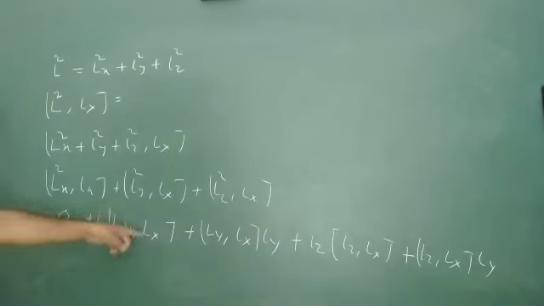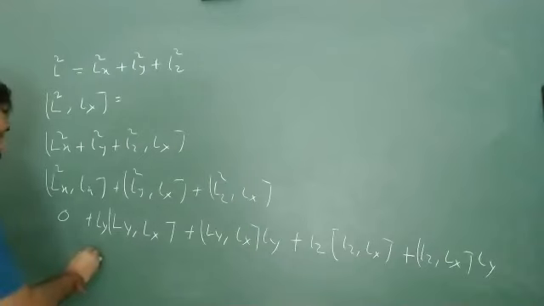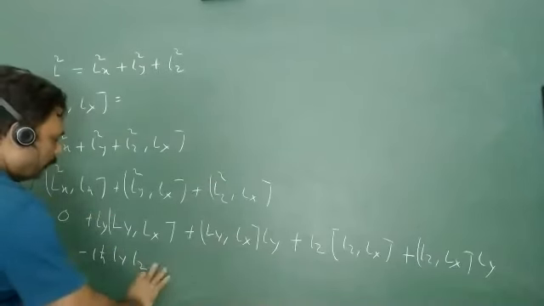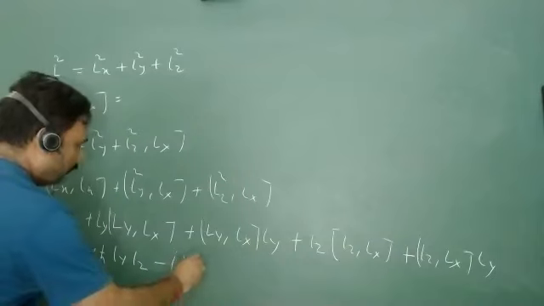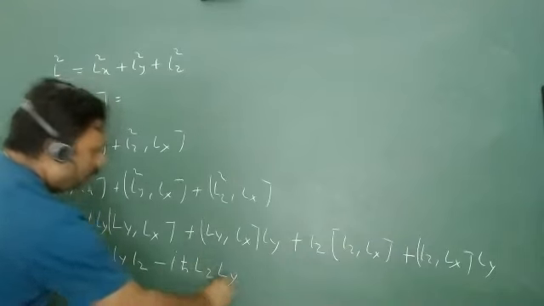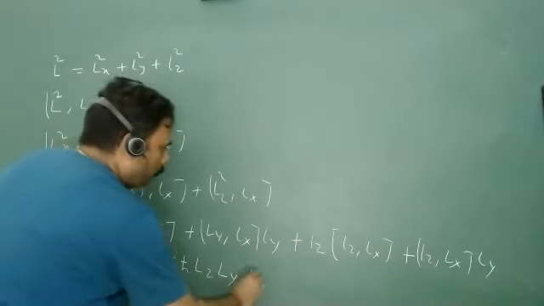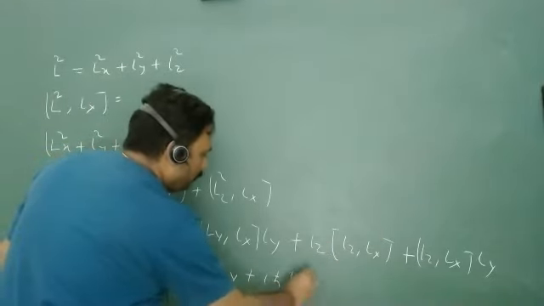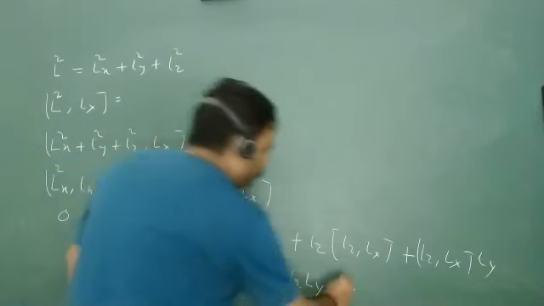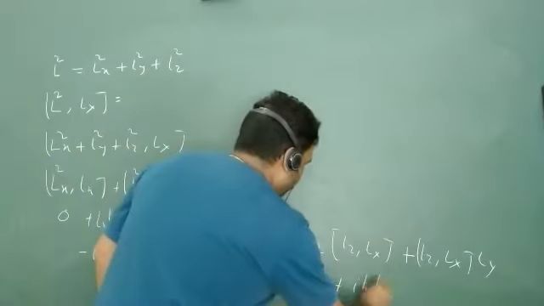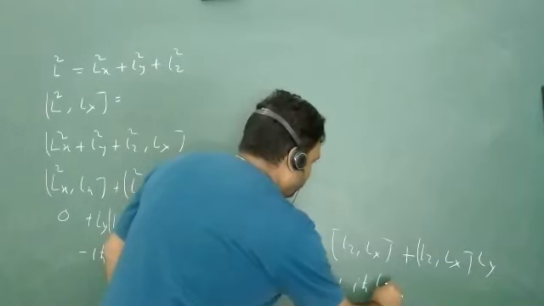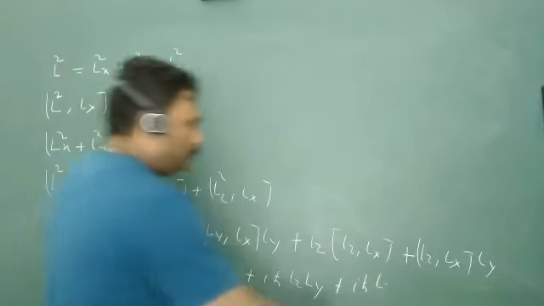What is Ly Lx? Minus i h cut Ly Lz, isn't it? Again, this one is minus i h cut Lz Ly. Here is Lz Lx plus i h cut Lz Ly, plus i h cut, and the last one will be Lz.